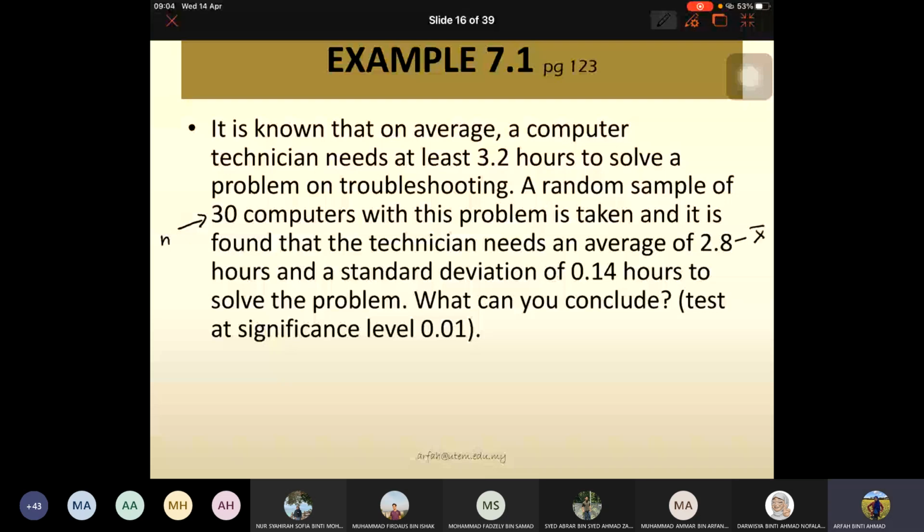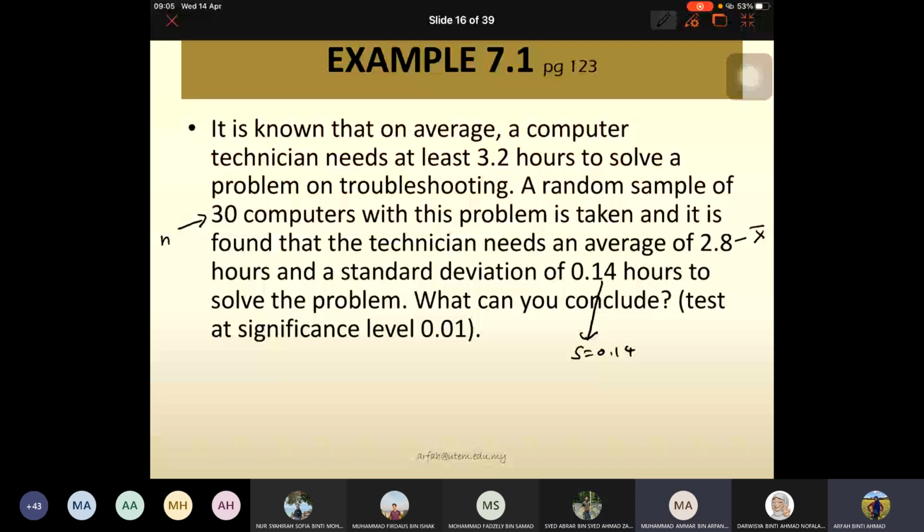What is this 0.01? What is the symbol for this one? What does 0.01 represent?